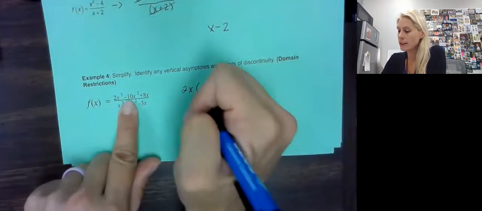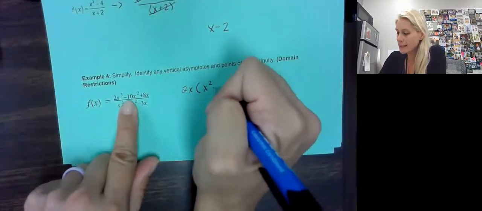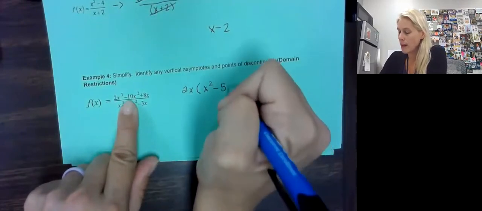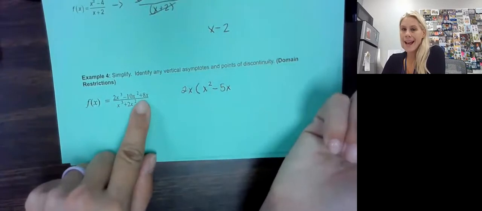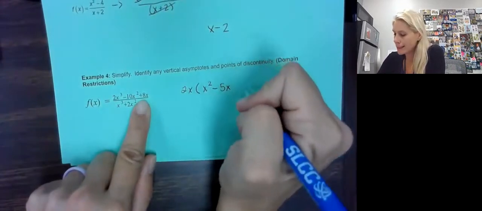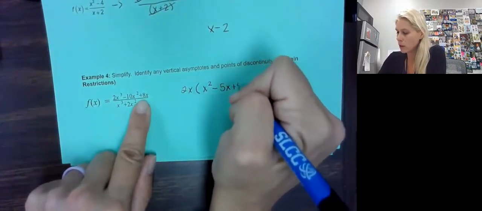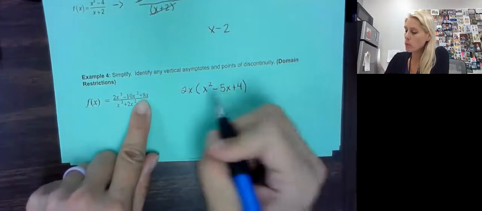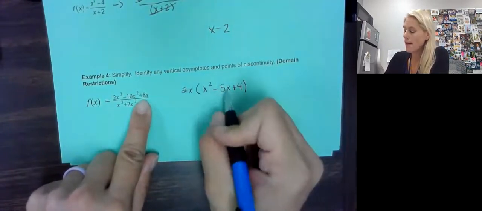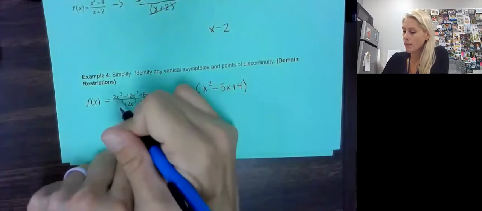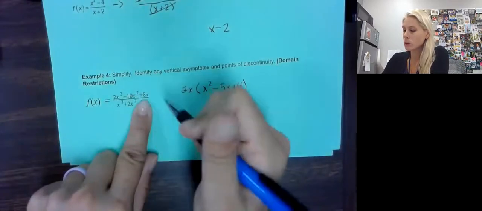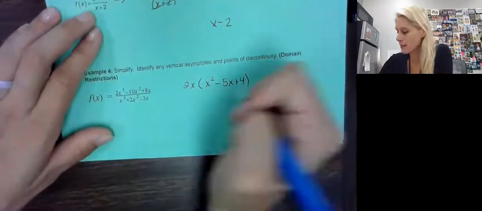Negative 10x squared divided by 2x is negative 5x. And 8x divided by 2x is a positive 4. And again, I can double check my work because if I distributed that back in, I would get my 2x cubed minus 10x squared plus 8x.